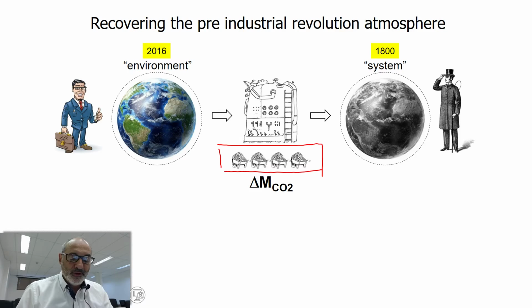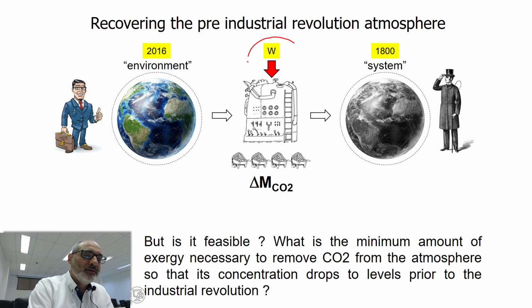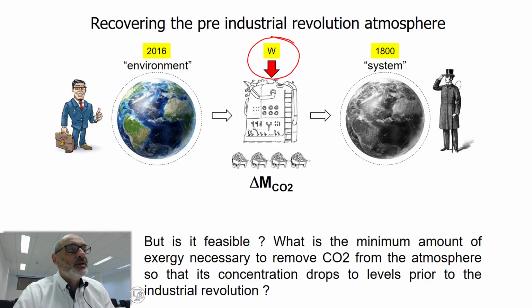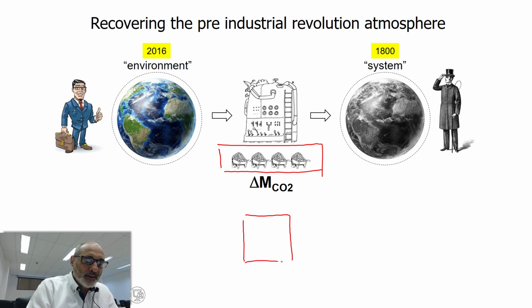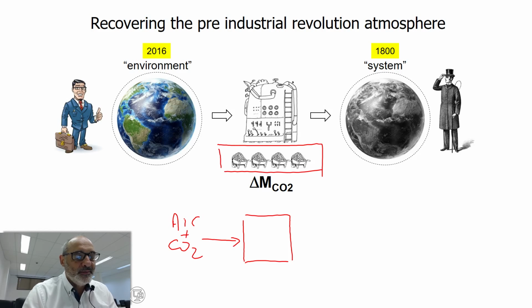And it's obvious that this machine is going to need work because actually we're separating CO2 from the atmosphere. So this machine takes air, let's say air plus CO2 mixed. When I say plus, I mean mixed.